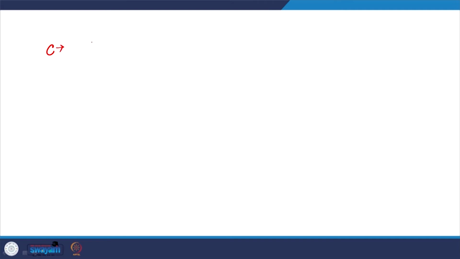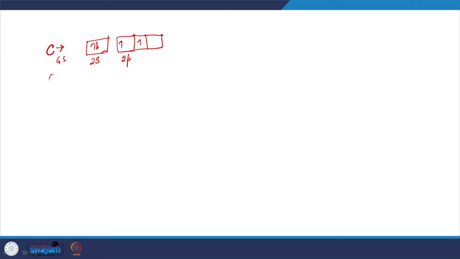We talked about carbon having 2s2, 2p2 in its ground state.